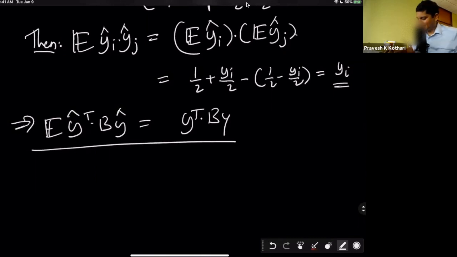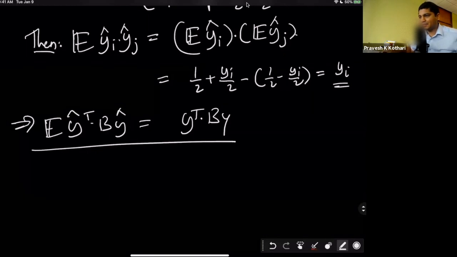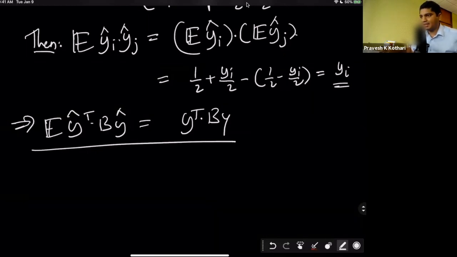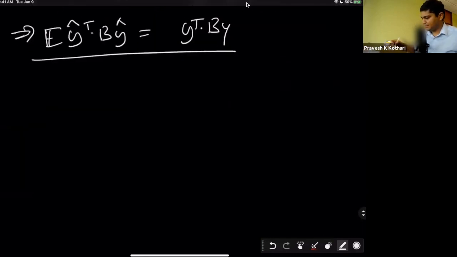Anyway, fun distraction, but at least we've convinced ourselves that if the diagonal entries of b are 0, then opt of b is always non-negative. In fact, I'm going to use this in a second, so I'm going to observe this right away.